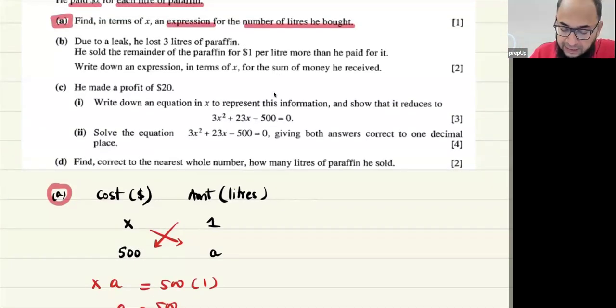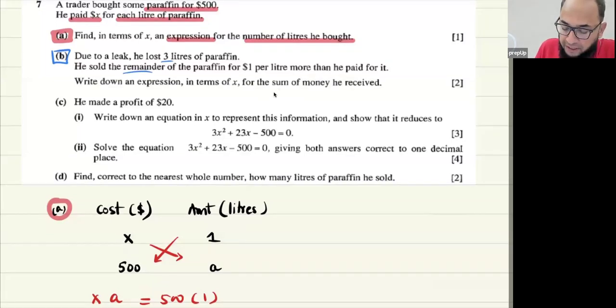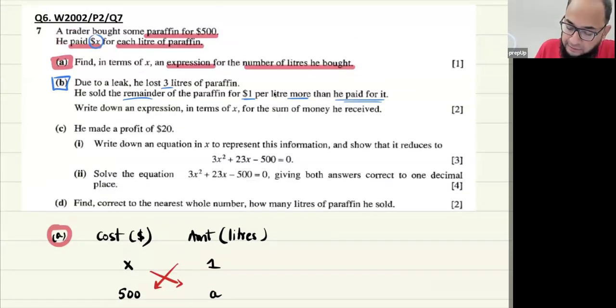Now it says, second part. Due to a leak, he lost 3 liters of paraffin. He sold the remainder of the paraffin for $1 per liter more than he paid for it. How much did he pay? x dollars.